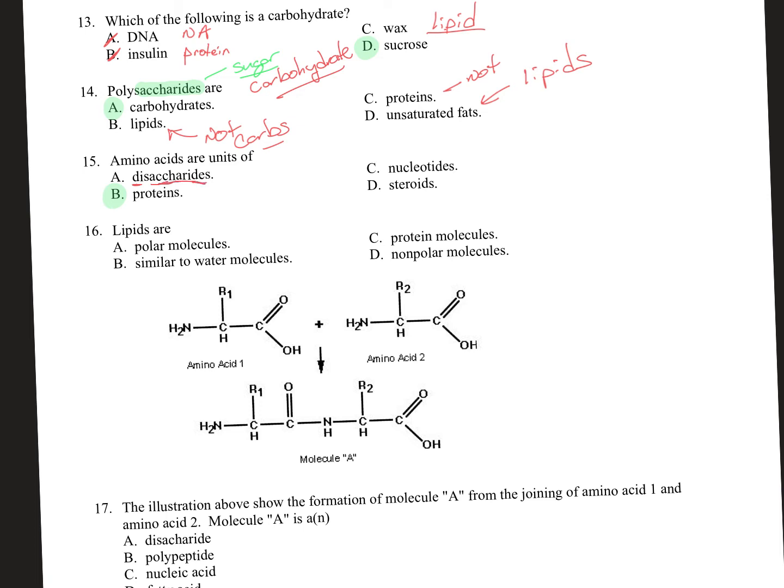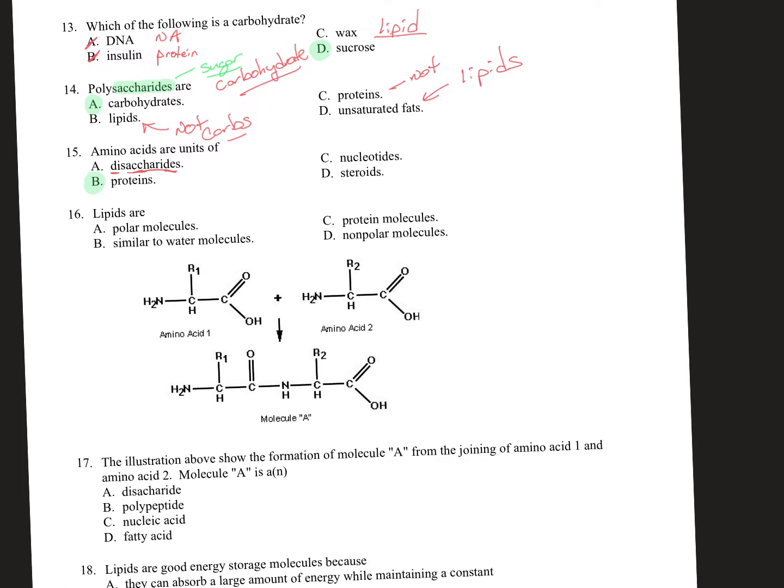Vocabulary, vocabulary, vocabulary. It always comes back to haunt you. And the example of the disaccharide was sucrose. So you can take two sugars. I'm just going to do a simple drawing and connect them. If there's just two of them, we call that a disaccharide.